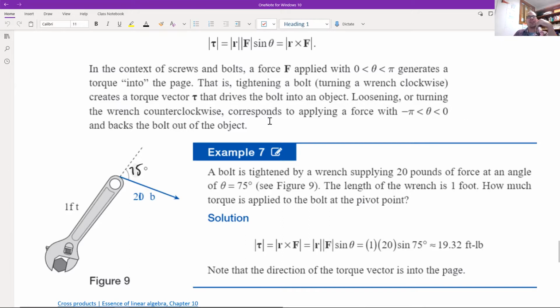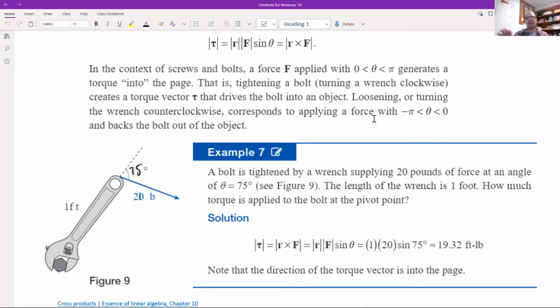If you want to think about it as tightening a bolt, it creates a torque vector tau that drives the bolt into an object. So you're actually getting some perpendicular motion to the way that you're rotating. And likewise, loosening and turning the wrench counterclockwise backs the bolt out of the object.